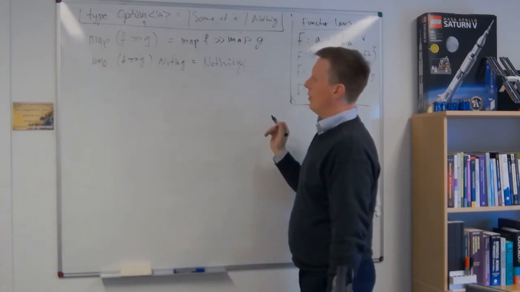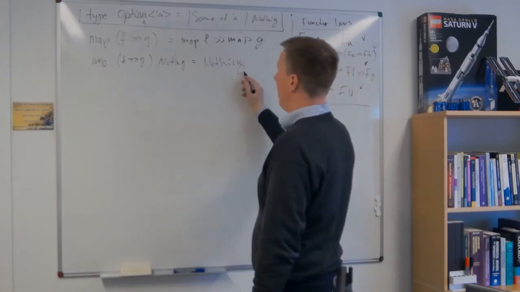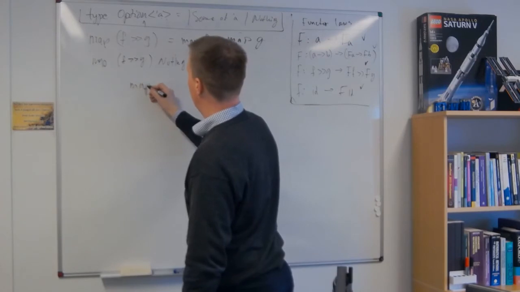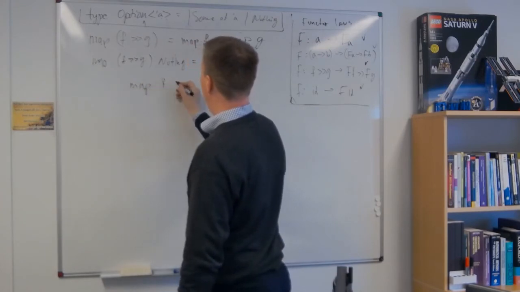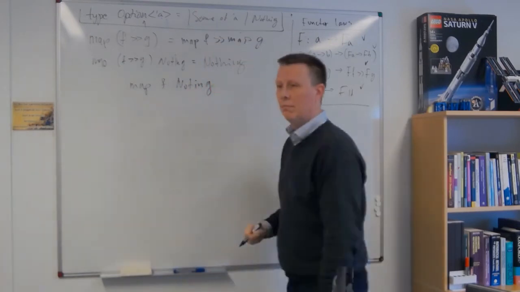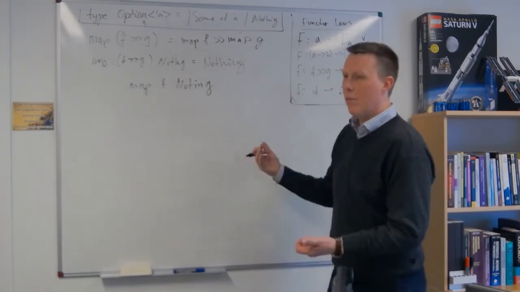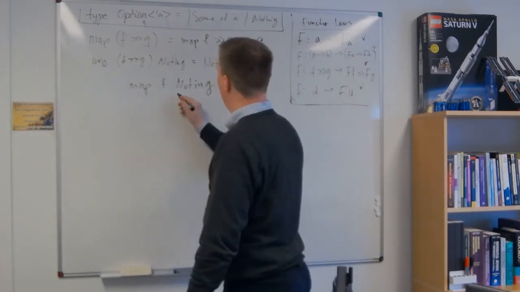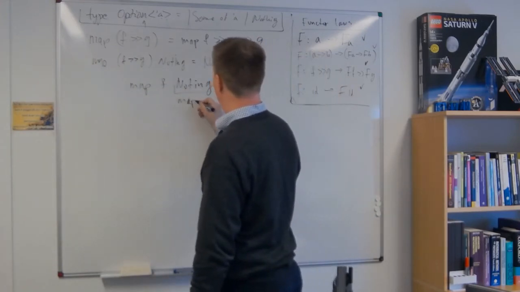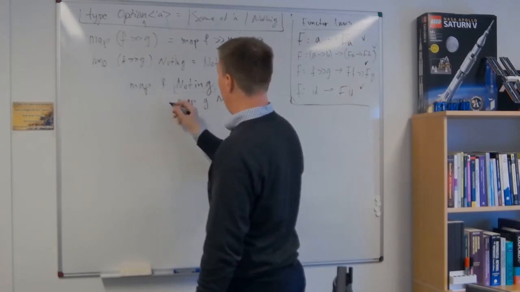And now we're going to do a little trick like we did with the identity. I can write nothing as map f nothing. That's still nothing. And then I can rewrite this nothing here as map g nothing, which is still just nothing.